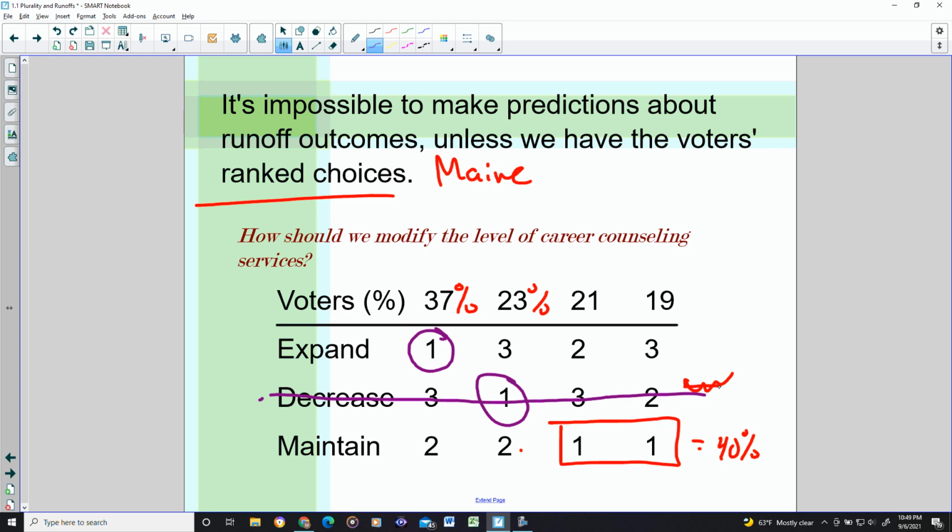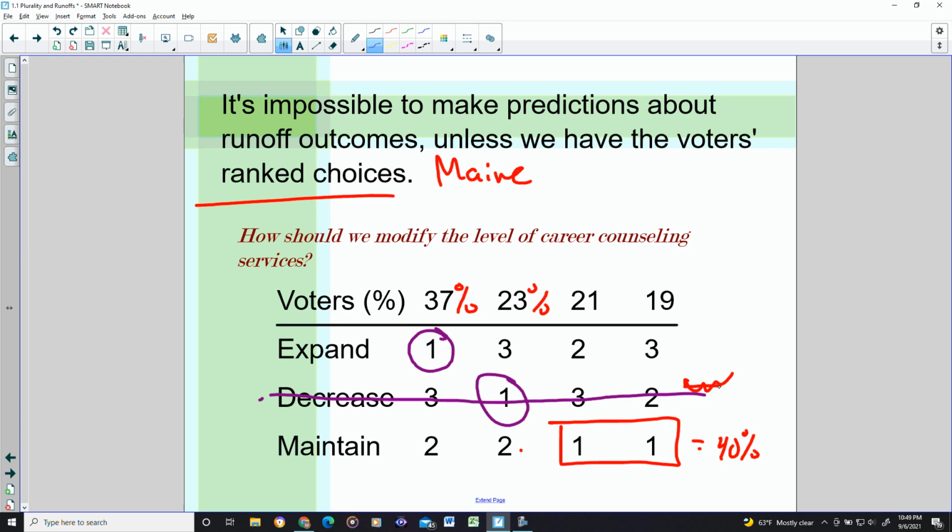Okay, now here's the thing. Now let's look at a runoff, right? Suppose then we were to take these values and we were to simulate a runoff. Now again, we don't know what people will actually do when we vote a second time, but psychology says that people are generally pretty predictable.